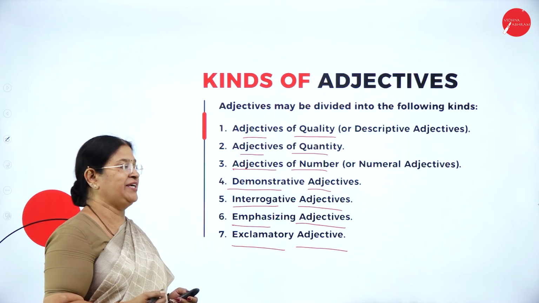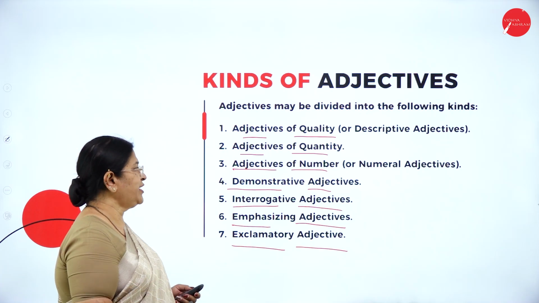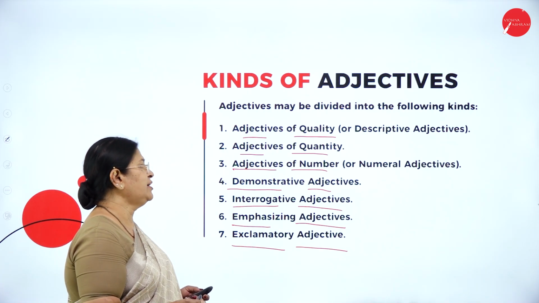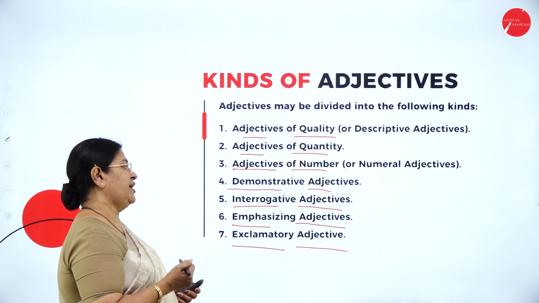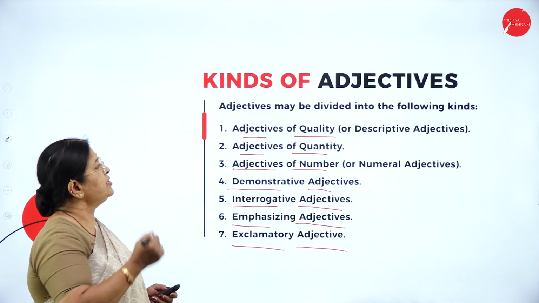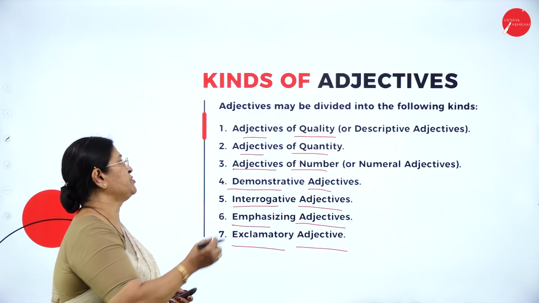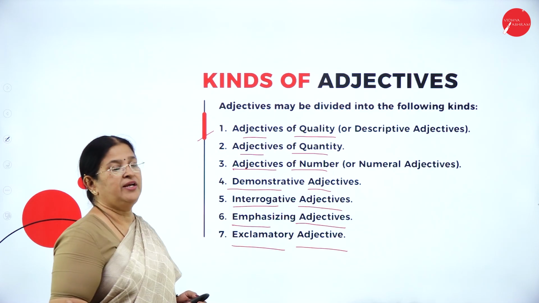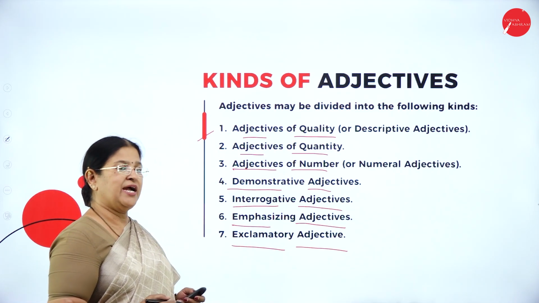How many types? 7 types. What are they? Adjectives of quality, quantity, number, demonstrative adjectives, interrogative adjectives, emphasizing adjectives, and exclamatory adjectives. Let me move on to explain the kinds of adjectives one by one, where I'm going to start with the first one, that is adjectives of quality or descriptive adjective.